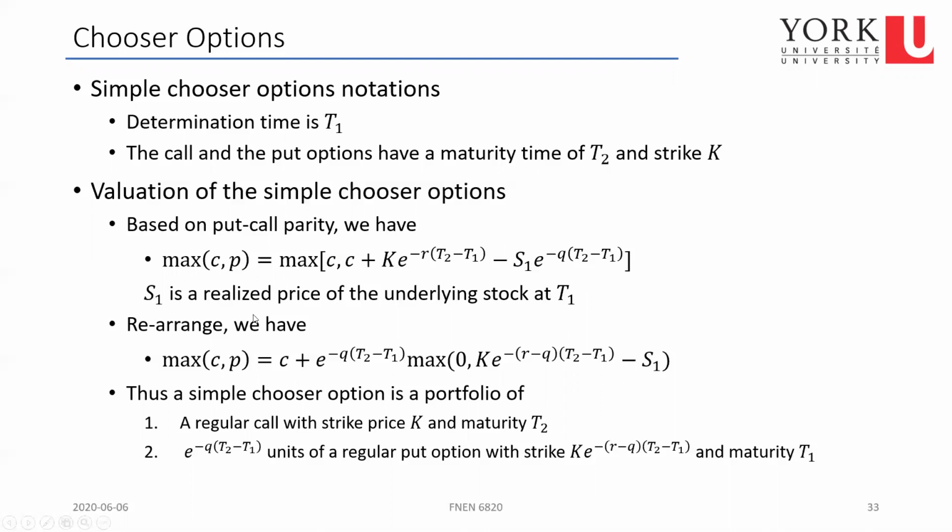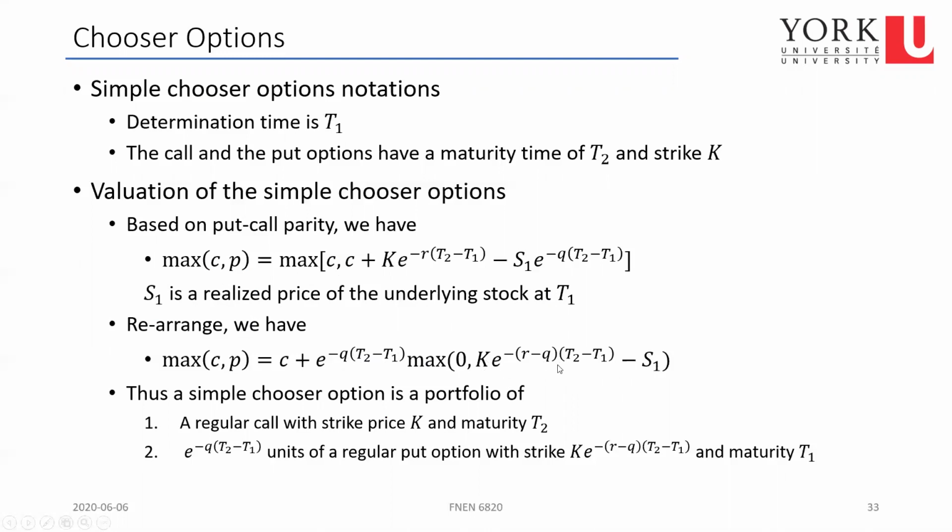Now, if we rearrange and bring this in, we'll see that this max function is really just the call plus e to the power of minus q times the time difference, times the max of 0 and this thing here.